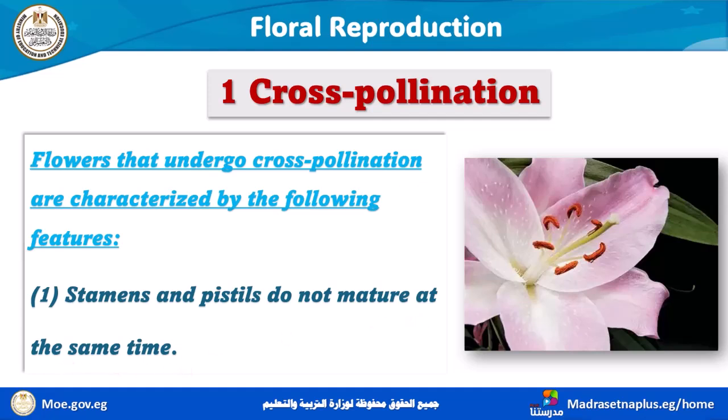It could be a bisexual flower, but the stamens mature first and the pistils are late, or the reverse, pistils mature first and the stamens are late. So stamens and pistils in this type of flower don't mature at the same time.